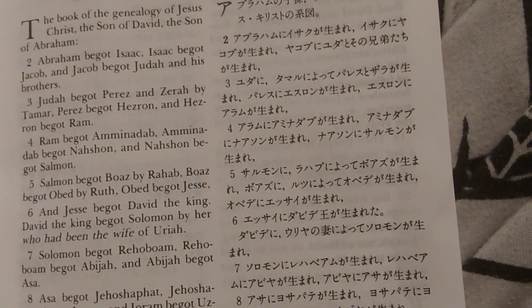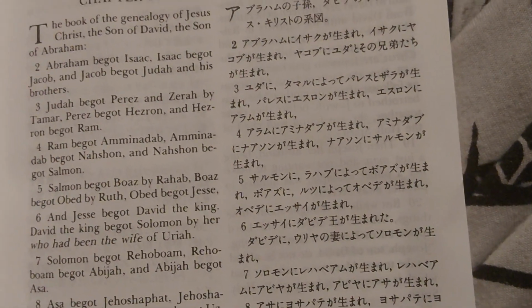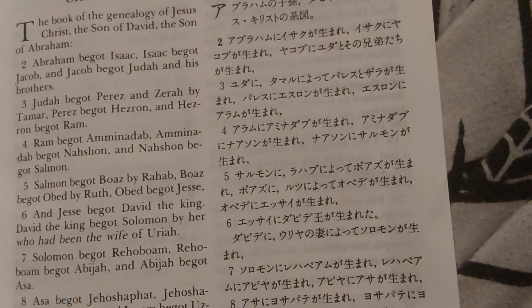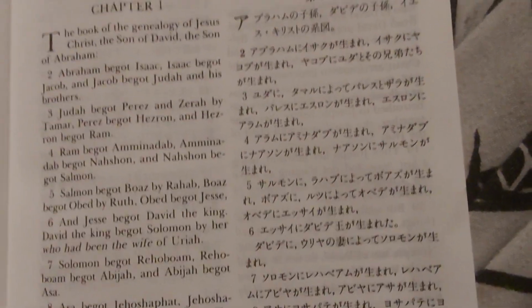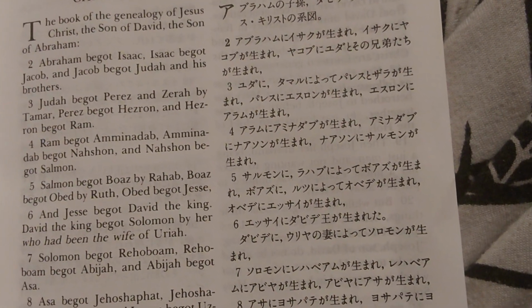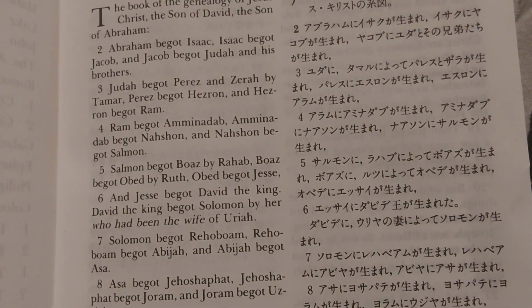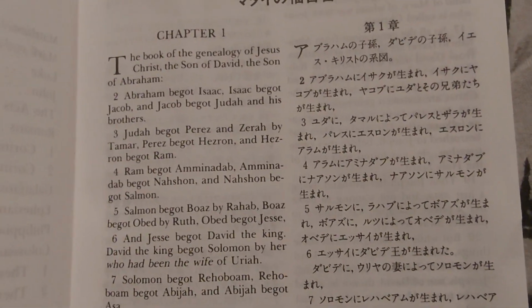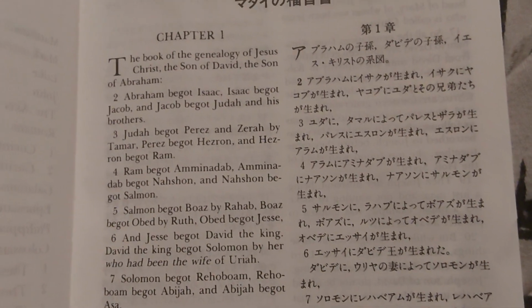In the English, that's Abraham begot Isaac, Isaac begot Jacob, Jacob begot Judah and his brothers.